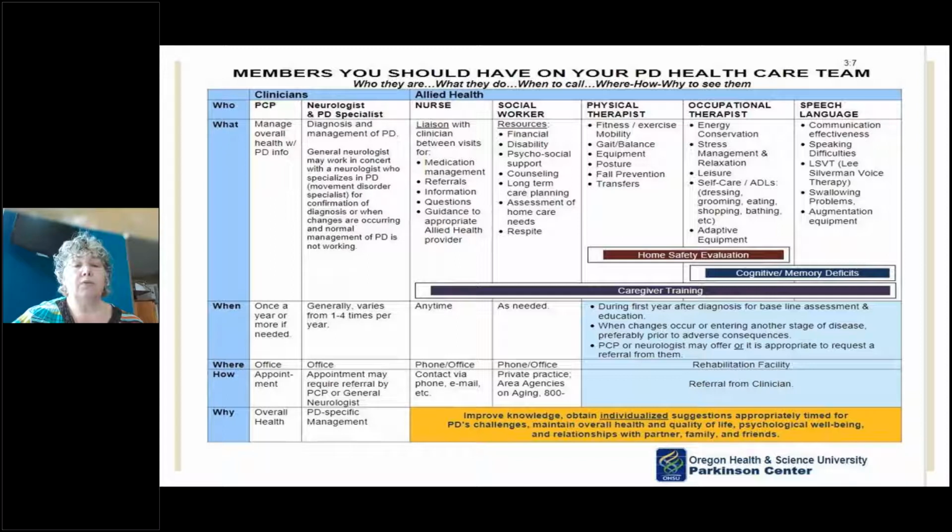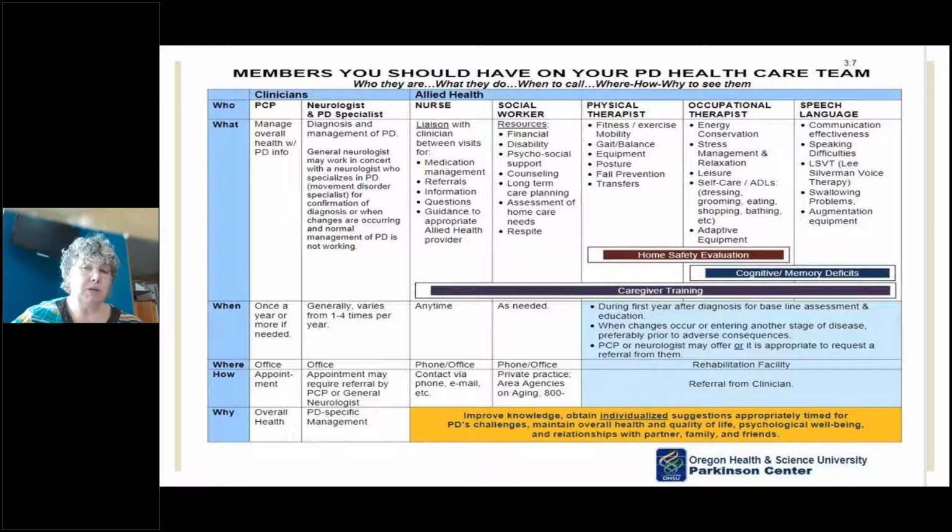Generally, for most people, you'll see that neurologist or PD specialist between 1 to 4 times per year. Again, at their office, and depending on your insurance or Medicare Advantage, that appointment might have to be referred in by your PCP. Okay, so that's back to the hub and spoke model.